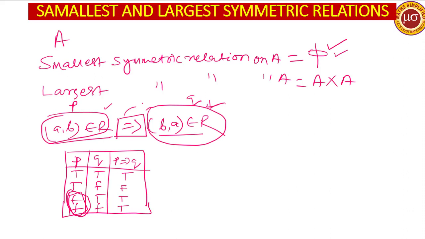Meaning when (a,b) is not there, P is false, we accept it as symmetric. Therefore, phi is the smallest symmetric relation. Did you understand? I think you understood this.